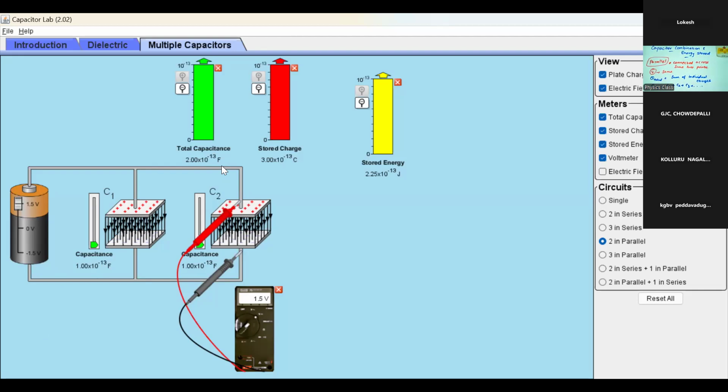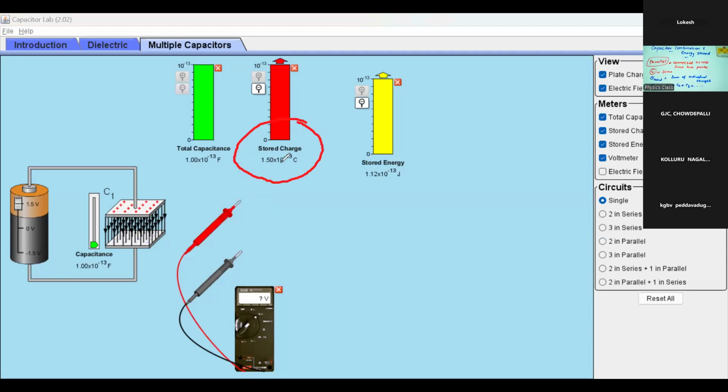And then stored charge. For a single capacitor, you can see the stored charge is 1.5 into 10 power minus 13 coulomb.